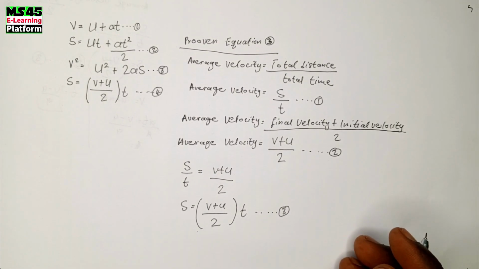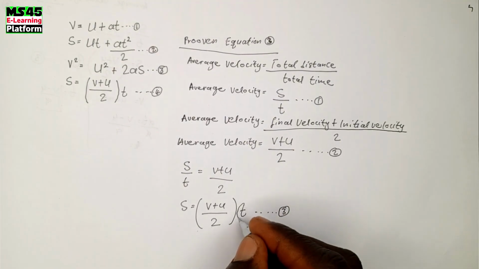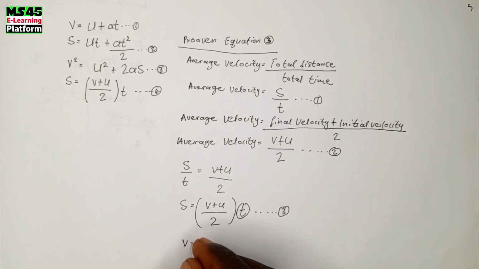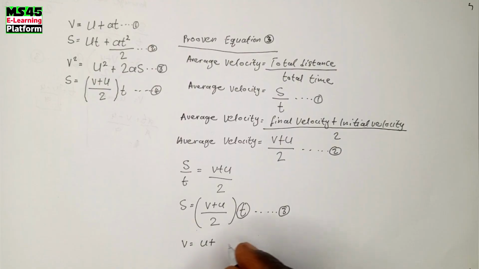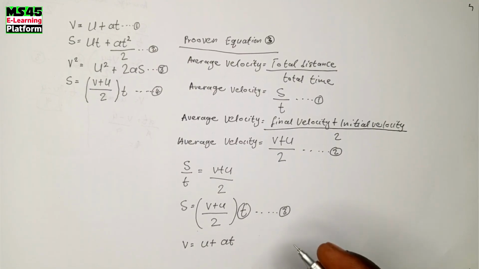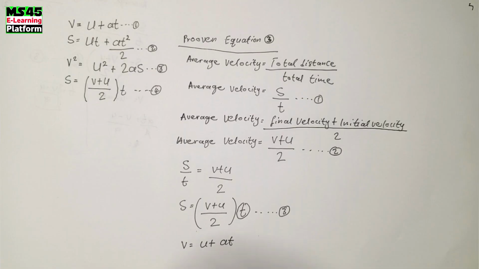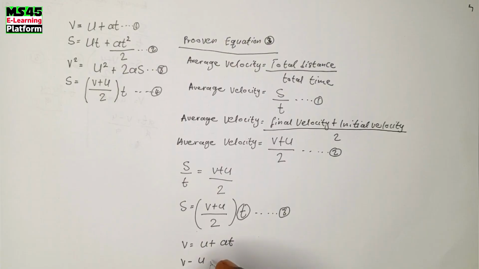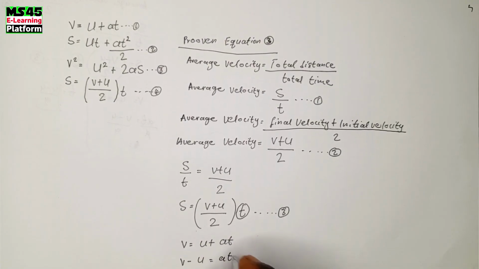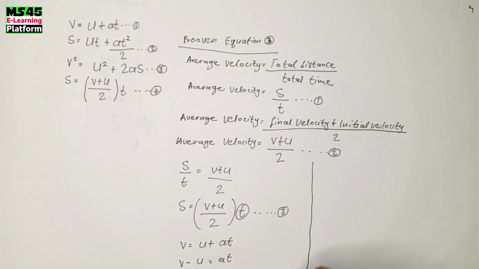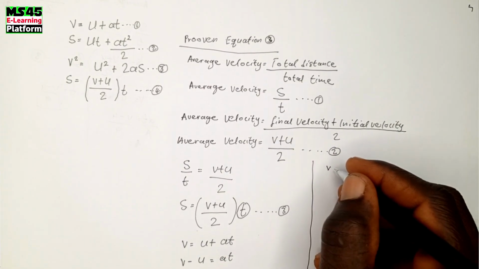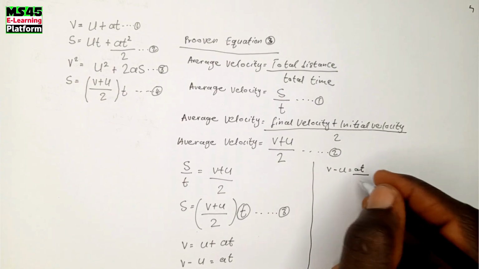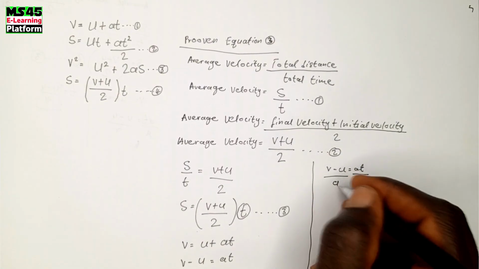We want to eliminate t from the equation, and in Newton's law of motion, we have v equals to u plus at, right? So let us make t the subject here. So we are going to have v minus u equals at, divide both sides by a.